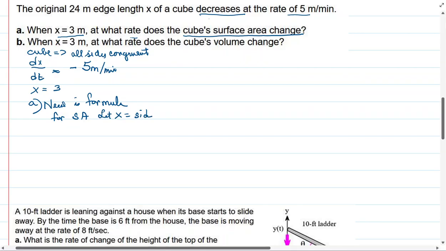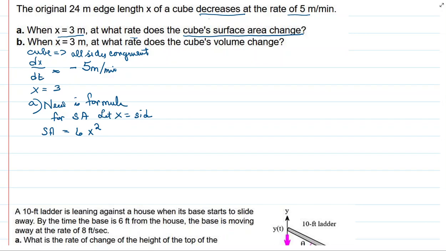All right. So I'm going to write my formula for surface area, which is the sum of every face on the cube, which is 6x squared. Everybody okay with that? I'm going to take the derivative.